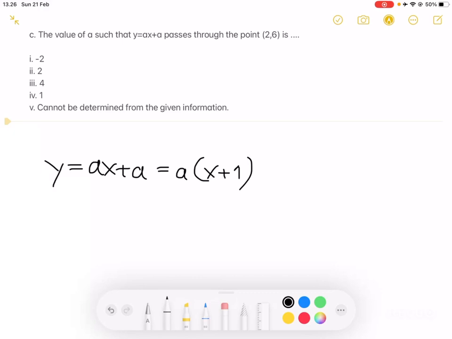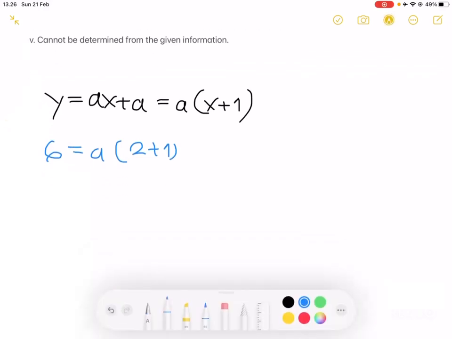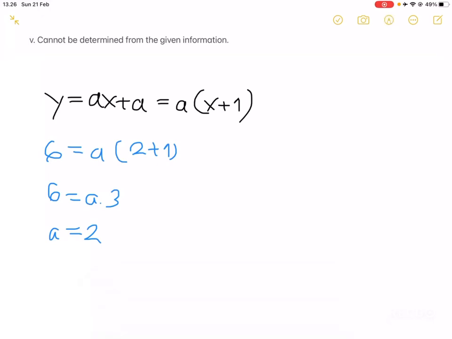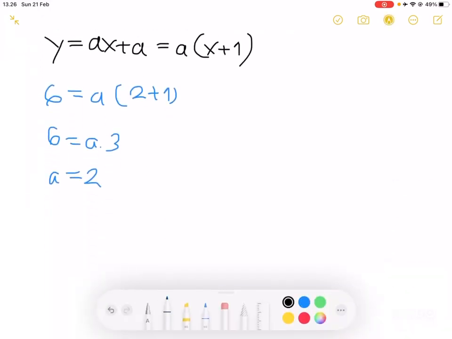With this, we can just substitute our x and y coordinates right away. So the y coordinate is 6, and our x coordinate is 2. So I have 6 is equal to a times 3, which means a must be equal to 2. And that's pretty simple. So in this case, the answer is option 2.